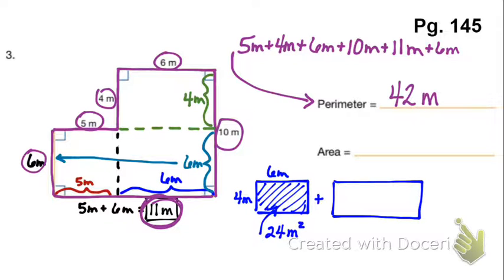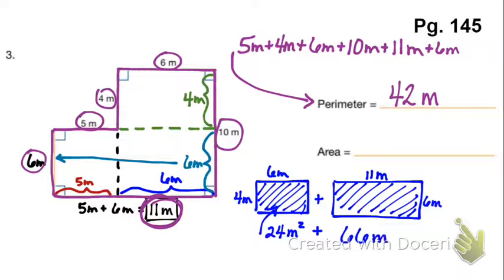Tell me about the dimensions for the bottom one. 11 by 6. So what's the area for that? 66 meters squared. So the whole thing is how much? 90 meters squared.